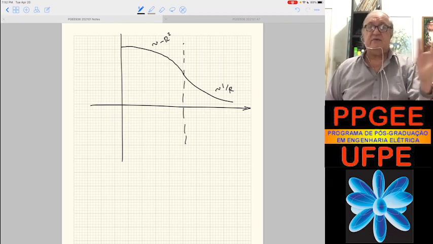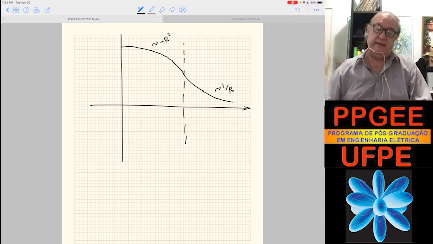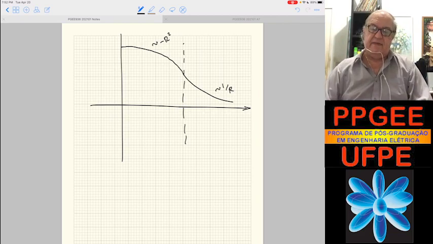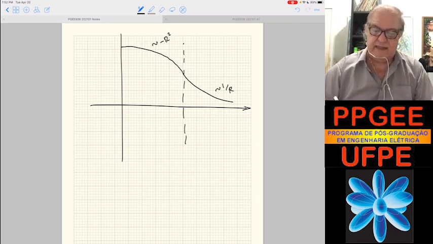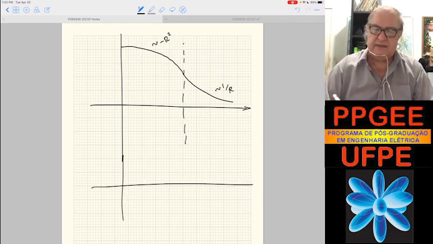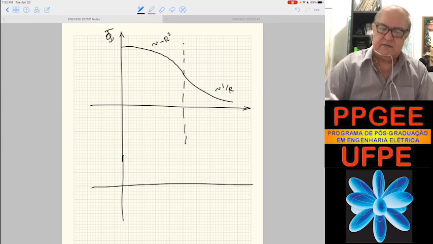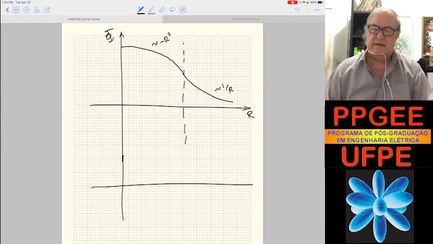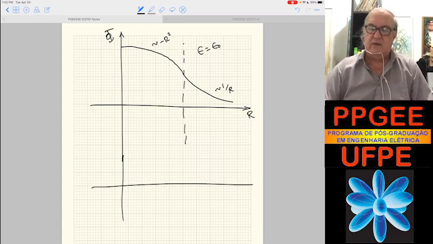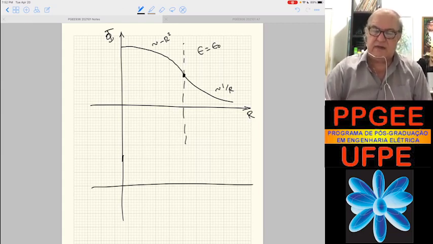Okay. There are some other features you can extract from this. And the field, on the other hand, goes like this. This is the potential. This is for epsilon equals epsilon 0. Otherwise, you don't have a continuous derivative.